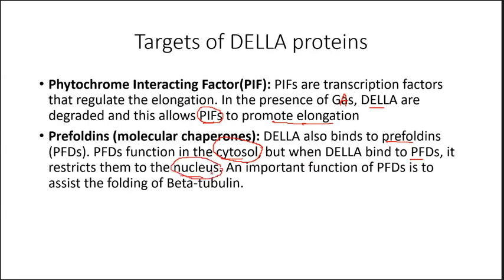DELLA are nuclear proteins, DELLA resides in the nucleus. When DELLA is active, it will bind with PFD and will not allow PFD to come out into the cytosol. What is the main role of PFD? It assists in the folding of beta tubulin. Beta tubulin is part of the cytoskeleton. So the main role of PFD is to help in the folding of beta tubulin.